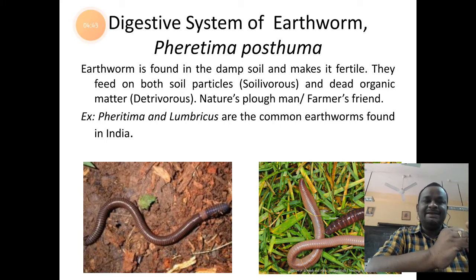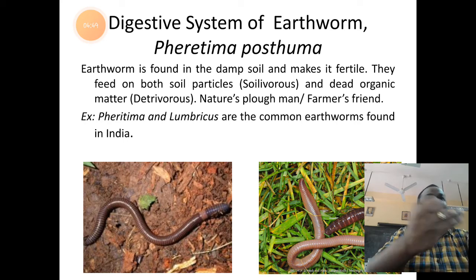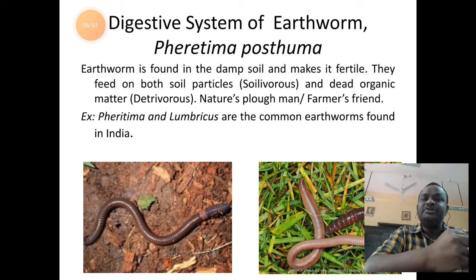The second is that the same earthworm, when it comes across in its movement dead organic matter, which includes leaves or waste of organisms or dead organisms, will feed on that organic matter also.